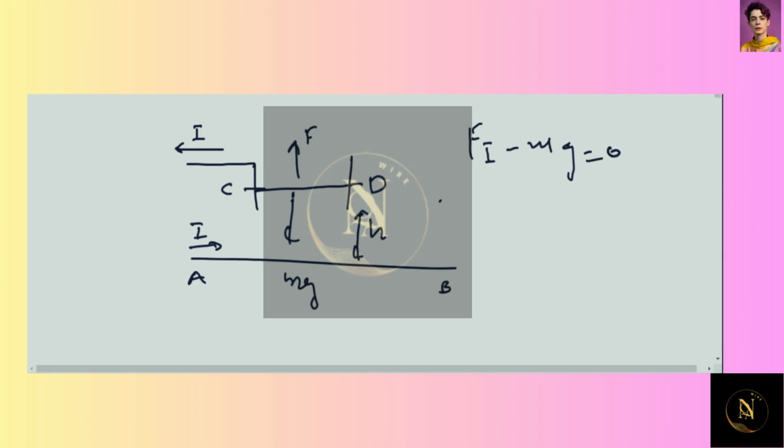The magnitude of the force per unit length between two wires carrying currents I and I prime is given by Fi divided by length is equal to mu naught times I prime times I divided by 2 pi r.